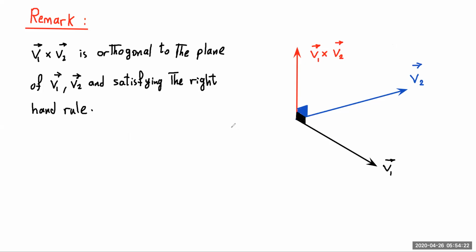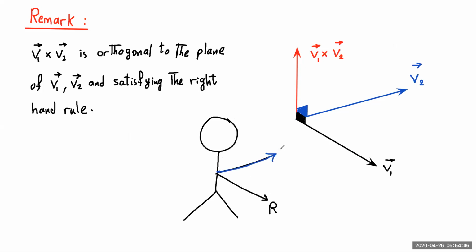We can understand it like this. If we sketch a man like this, where is the right hand of this person? It's this one. So this is the right hand. Where is the left hand? Let's sketch it in blue. This is the left hand.